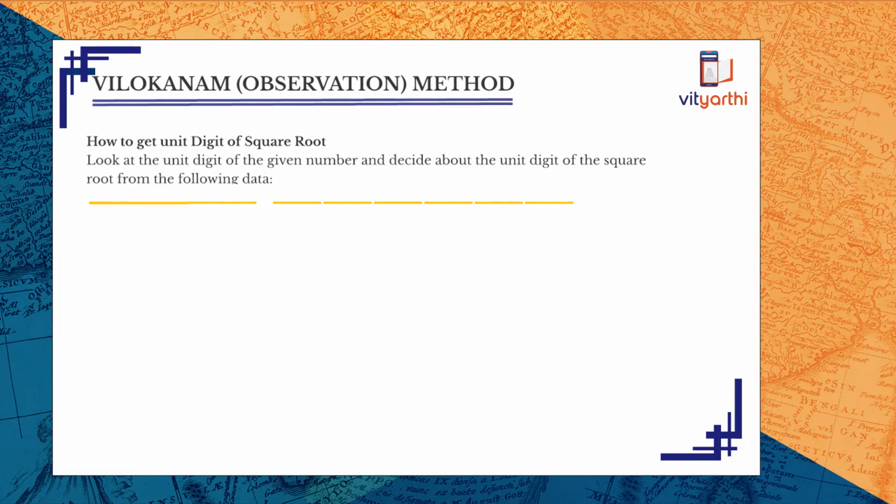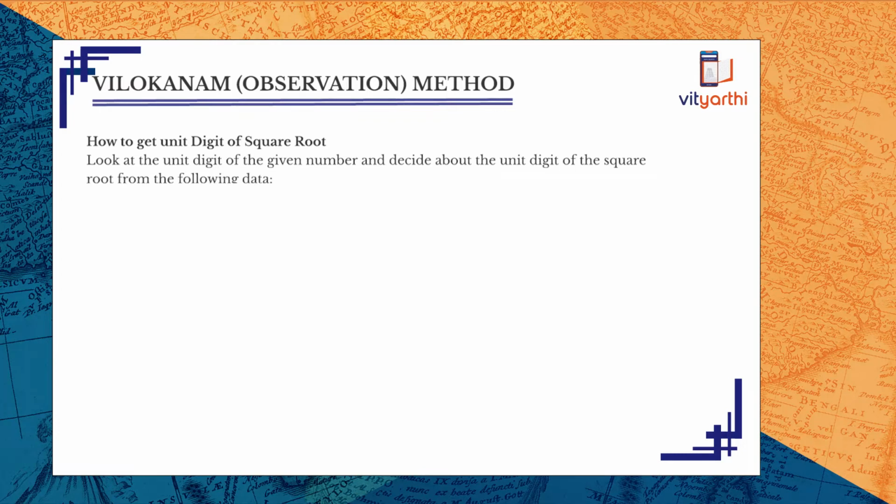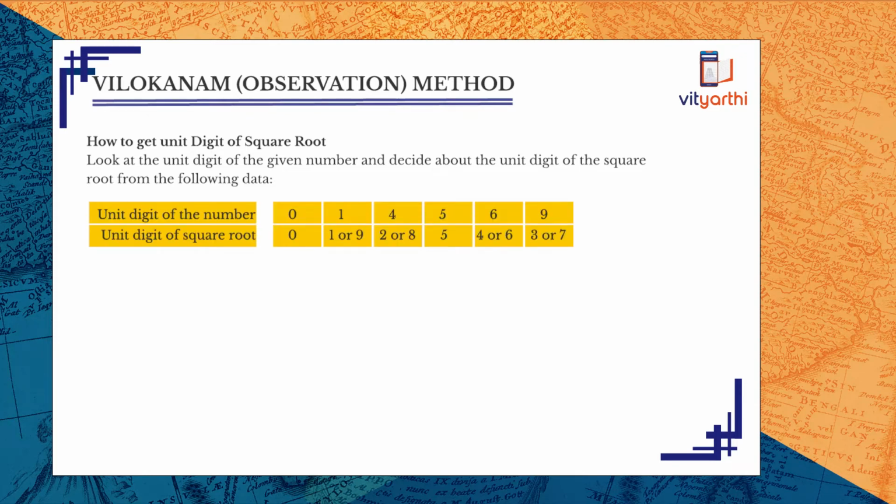How to get the unit digit of the square root? Look at the unit digit of the given number and decide about the unit digit of the square root from the following data. Unit digit of the number: 0, 1, 4, 5, 6 and 9.